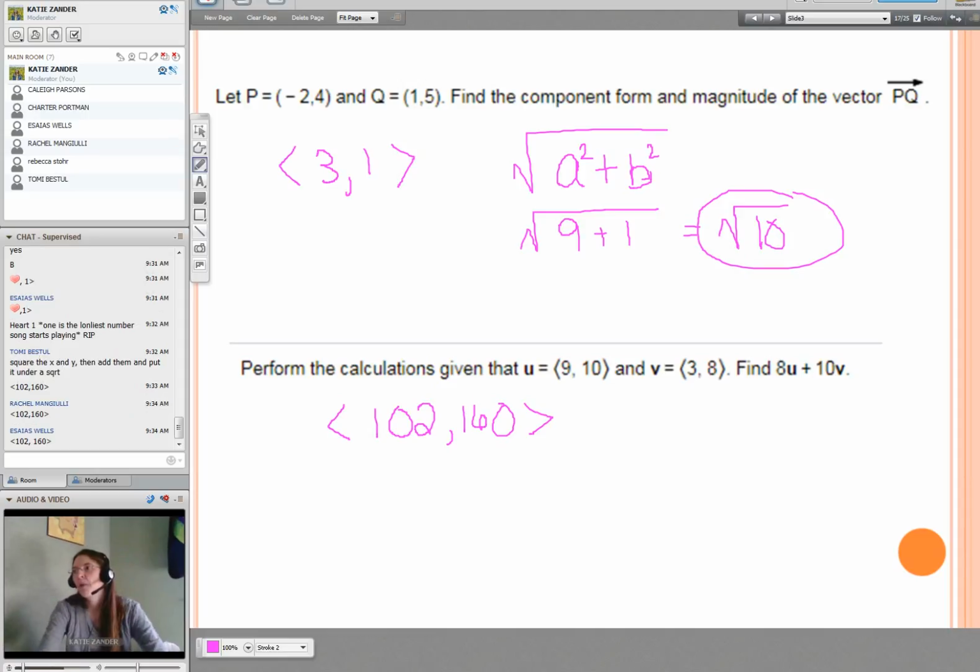Isaias and Rachel both confirm that, and I'm going to confirm it as well. Good. All right, so we do get that. I would probably multiply each of these by 8, multiply each of these by 10, and then add 72 plus 30 and 80 plus 80. Good.